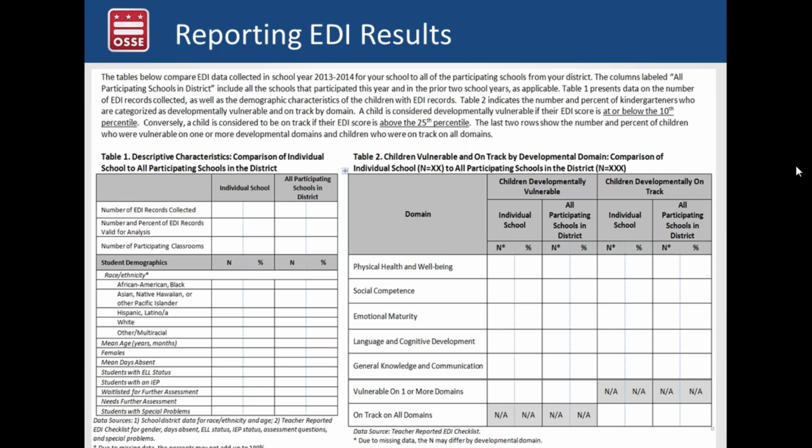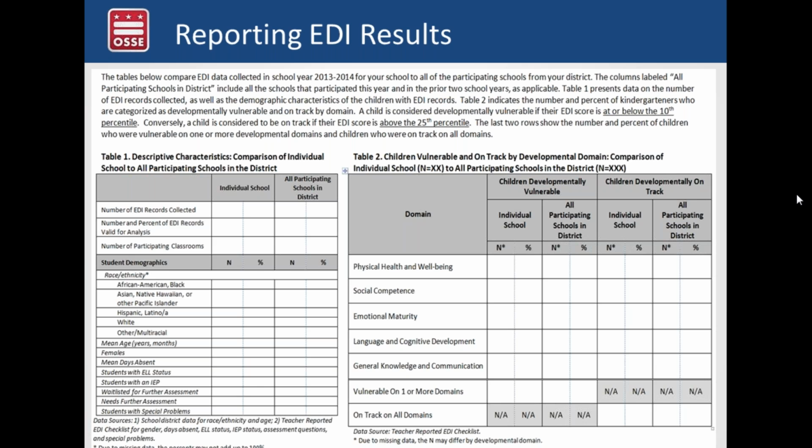The first table on the left is really helping the school to see how some of its sociodemographic characteristics may differ from the overall average of the school district, which helps them see whether they might have a higher socioeconomic risk population or an average or lower risk group, which helps to put in context their EDI results, which is what's shown on the table on the right.